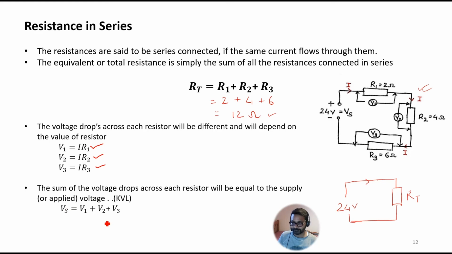But the interesting part is, if you add all these voltage drops across these three resistances connected in series, it should be equal to your supply voltage. That is, the voltage drops across each of the resistances connected in series, if you add them up, should be equal to the supply voltage. So V1 plus V2 plus V3 should be equal to Vs.